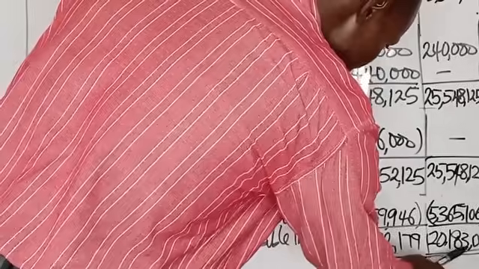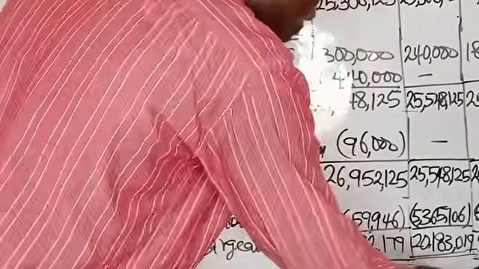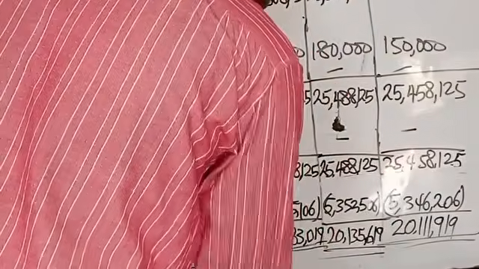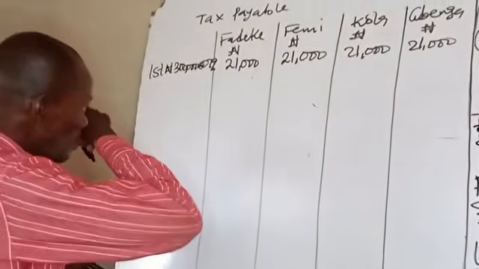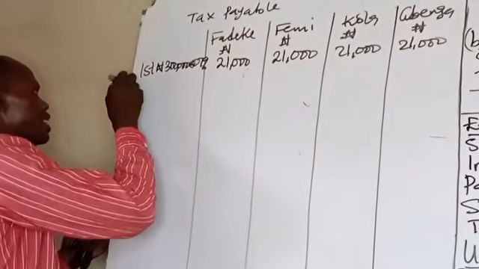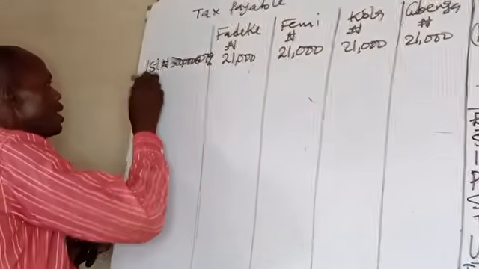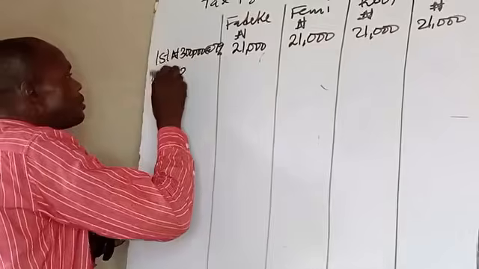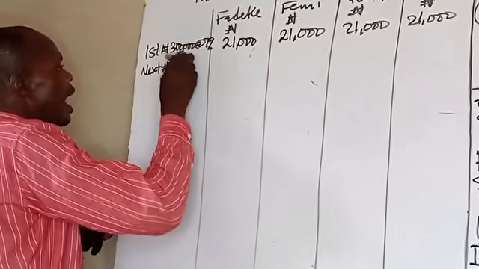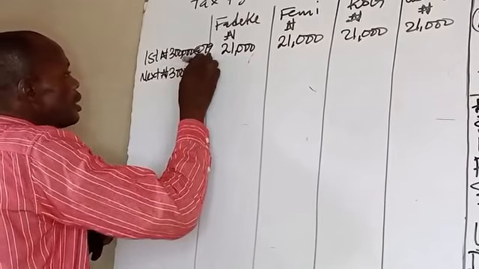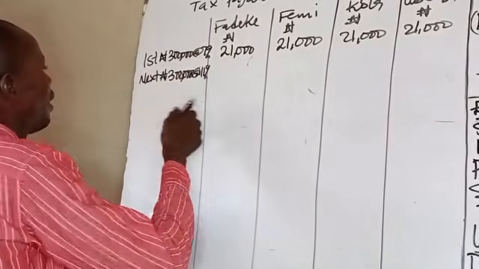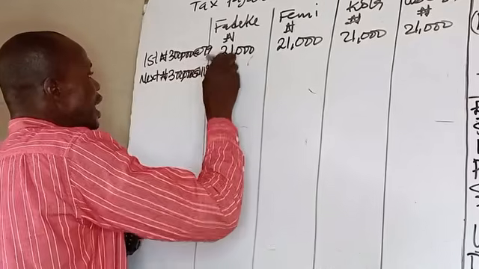21,292,179, 20,183,019. All of them were having over 20 million as their chargeable income. So we've considered 300,000 naira so far. Not close to that yet. Next, 300,000 naira at 11%. 11% of 300,000, that is 33,000.